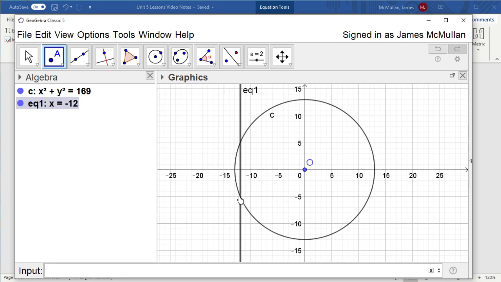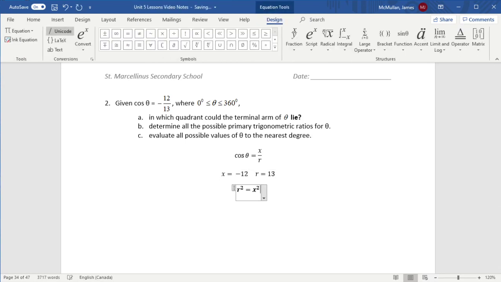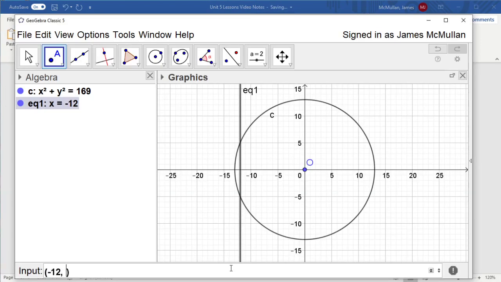Right? We don't know. So when you go into this, you go r squared equals x squared plus y squared. 13 squared equals 12 squared plus y squared. 25, if you just subtract them, you get y squared. And therefore y equals plus or minus 5. There are two answers. There's negative 12 and 5, and then there's negative 12 and negative 5.